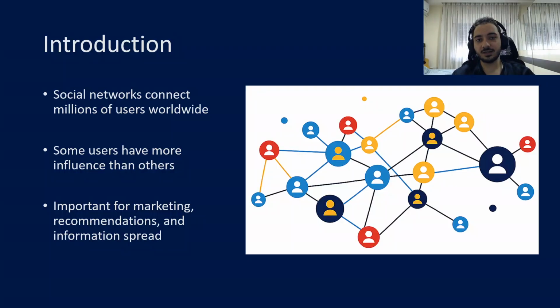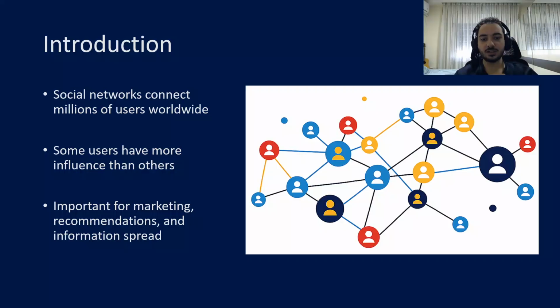However, one important thing to understand is that influence in these networks is not equally distributed. For example, if an average user posts something, it might only reach a small group of people. But if a well-known influencer posts the same thing, it can reach thousands or even millions within minutes.